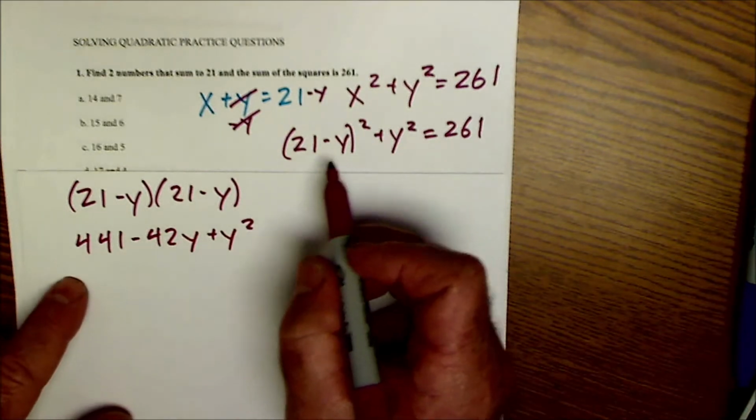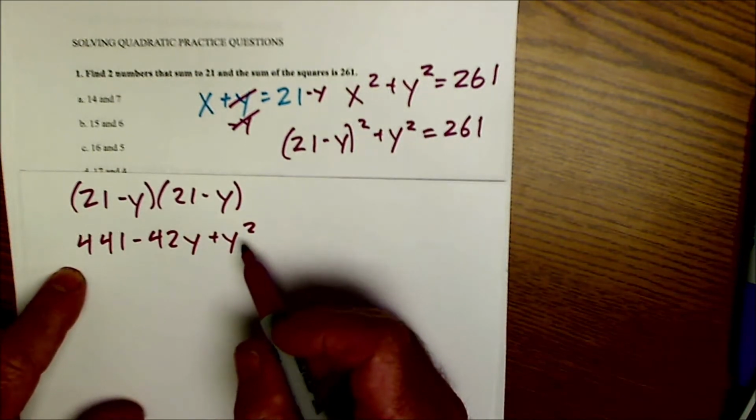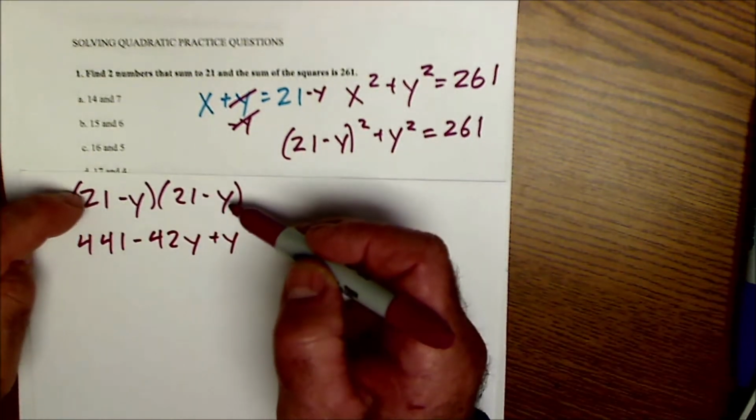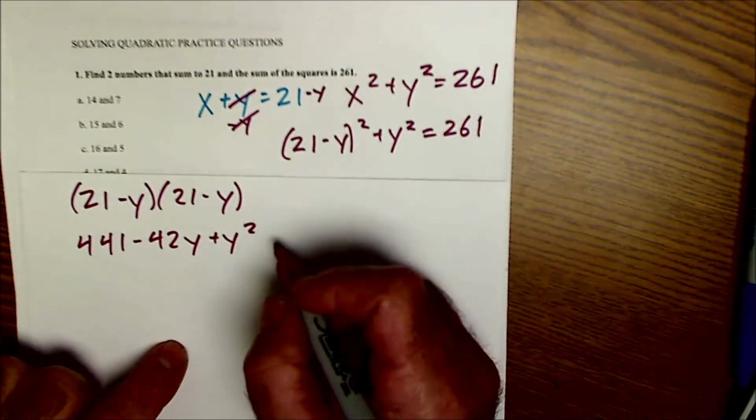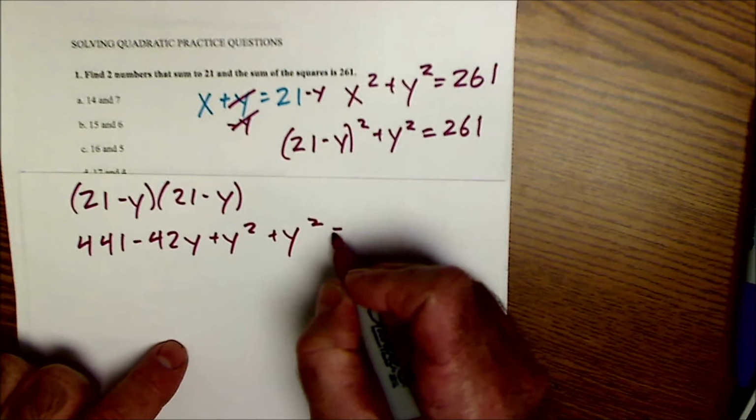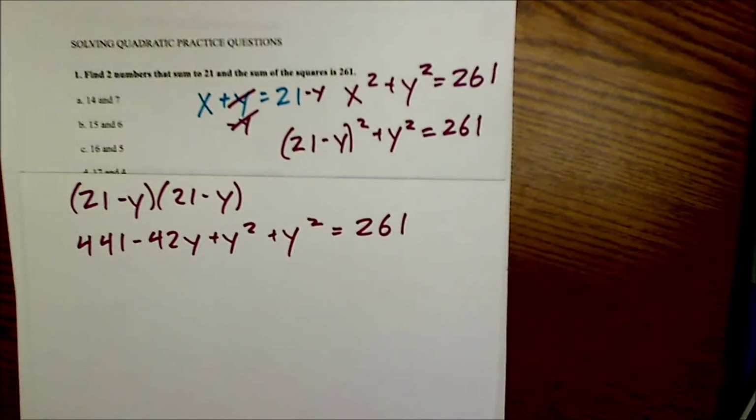So that first term is equal to that. Again, that's a FOIL: first, outer, inner, last. And then plus y squared equals 261.